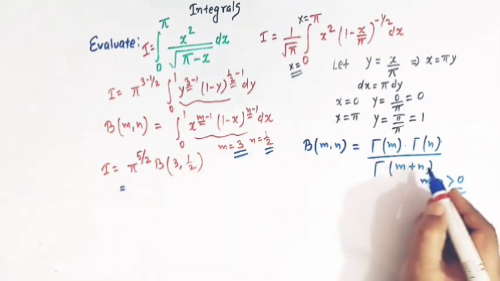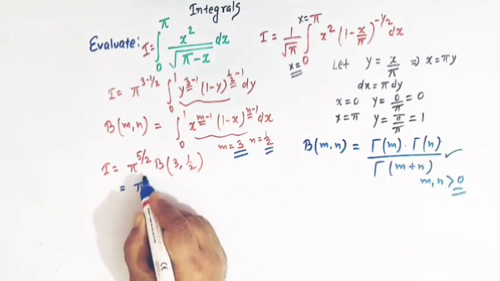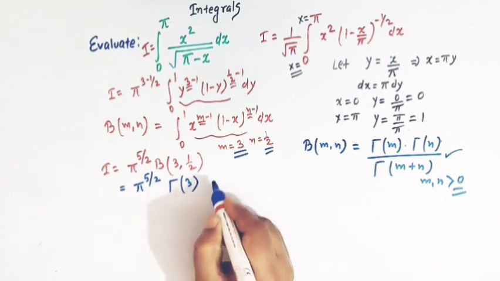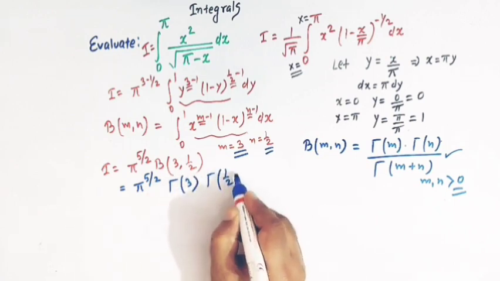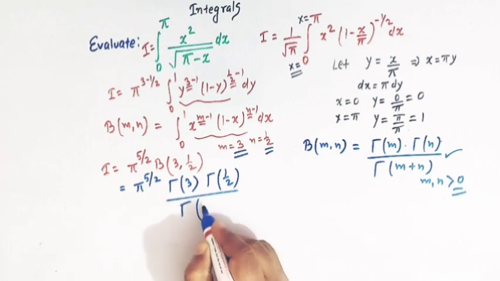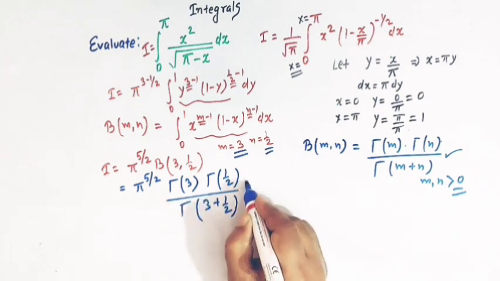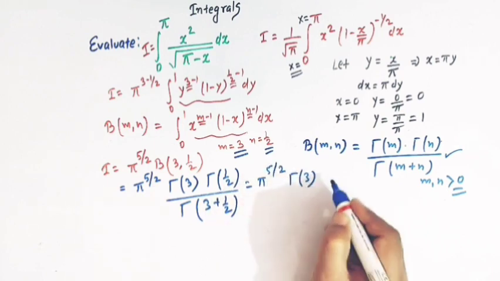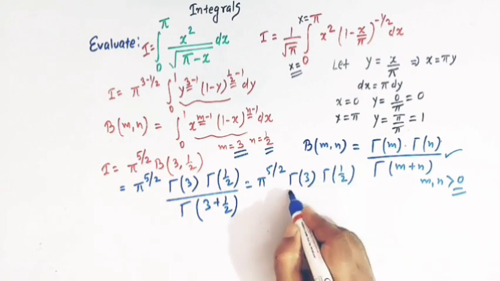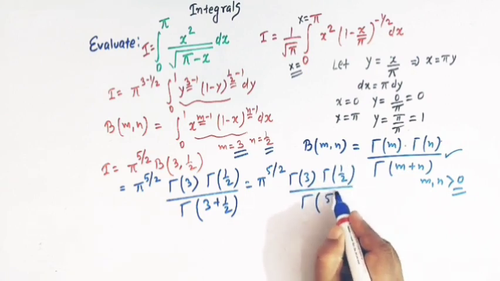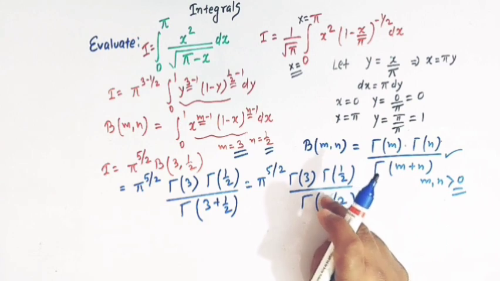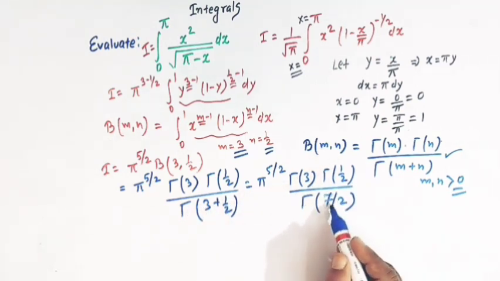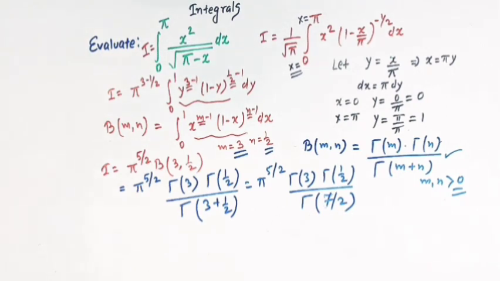So now due to this relation, we have pi raised to 5 by 2, and here we have gamma of 3, then we have gamma of half, then we have gamma of 3 plus half, right? So this is pi raised to 5 by 2, gamma of 3, gamma of half, and here we have, sorry, 6 plus 1, 7, right? So we have gamma of 7 over 2.